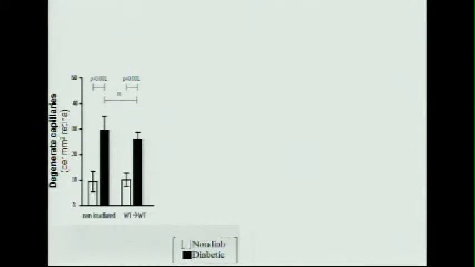So here are normal and diabetic animals. Diabetic animals get an increase in this capillary degeneration, which we have quantitated. After this irradiation process, basically the same thing happens. There's no real difference because we're putting back in normal white blood cells. So the irradiation process doesn't do anything bad.